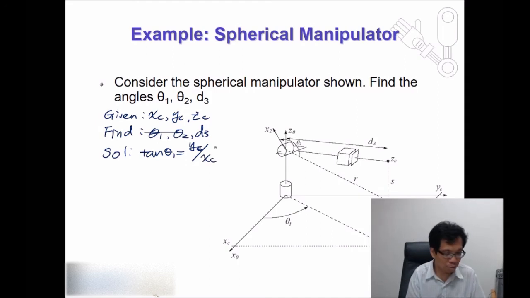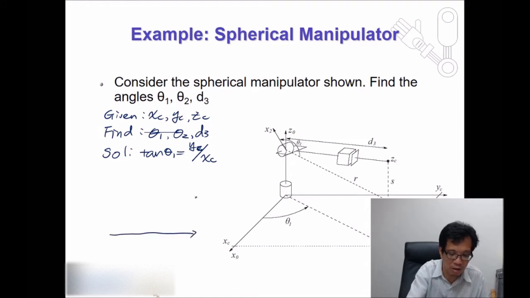Then that is the first part of the solution. For the second part, we also need to project everything onto a two-dimensional plane. So the idea is identical to the problem we solved earlier.